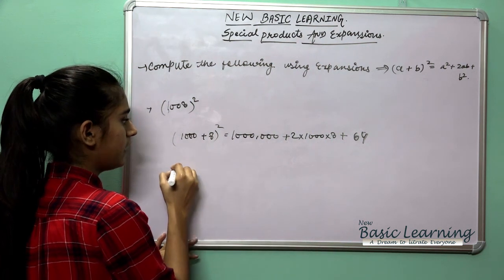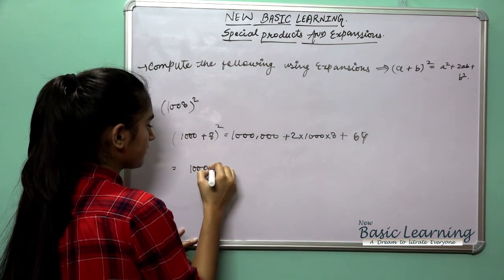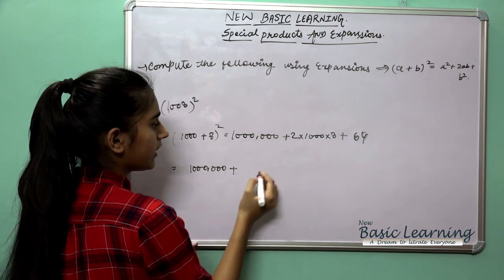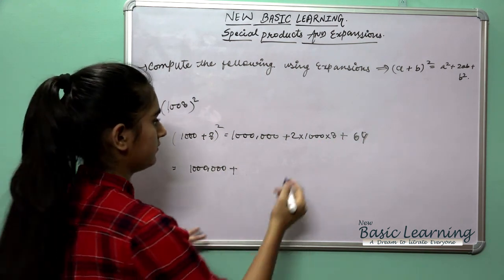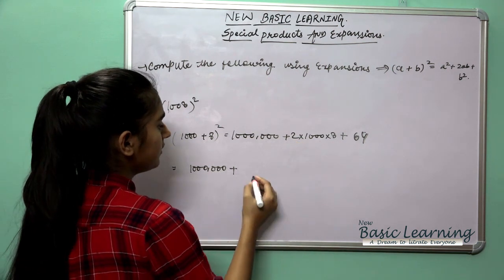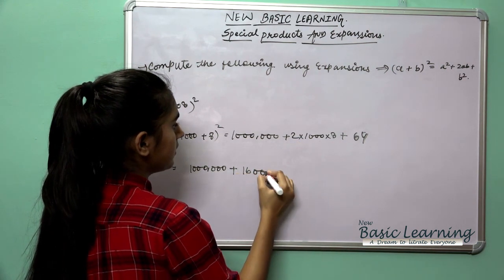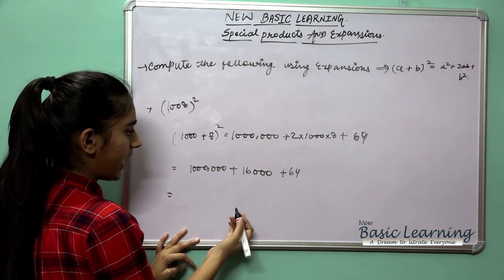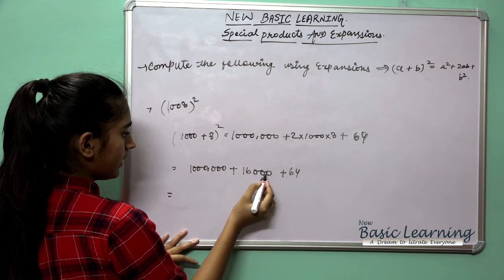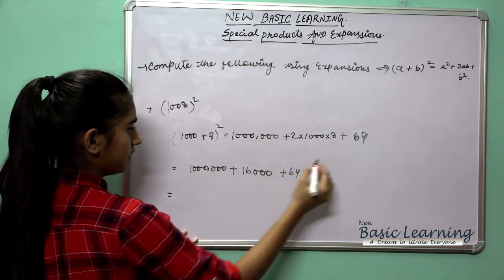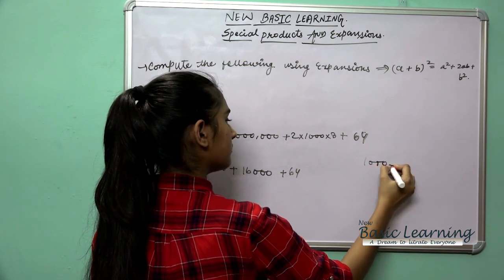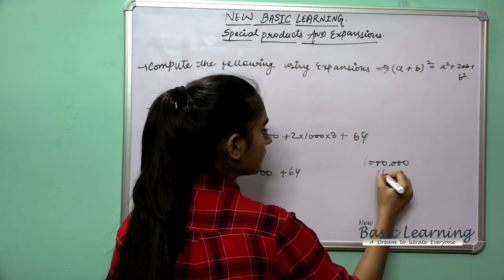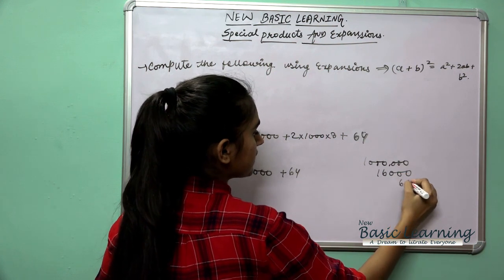Okay. Now plus 2000 into 8, it will give you 16,000. 8 twos are 16, and 16,000 plus 64. Now add the values. You can calculate by this also, it is 1,000,000 plus 16,000 plus 64.